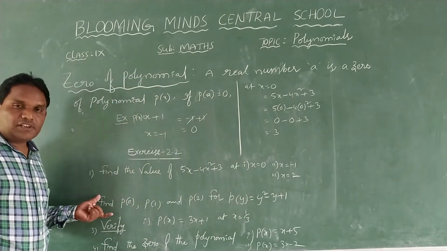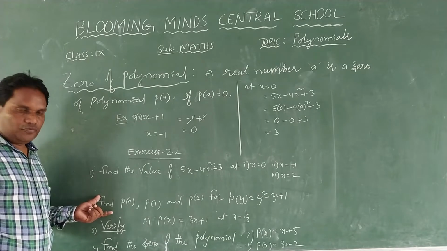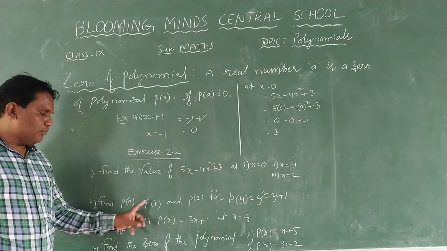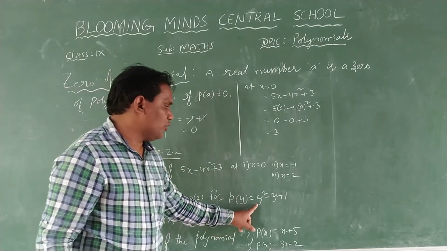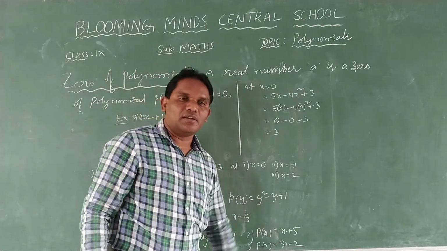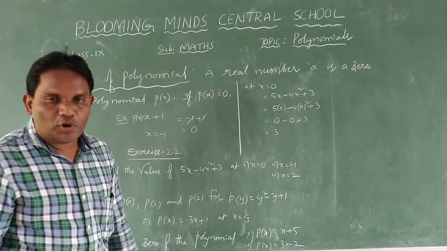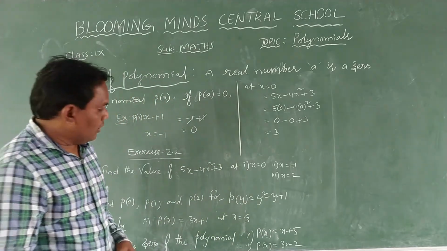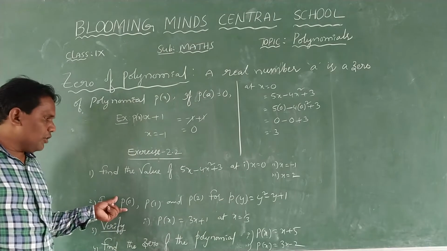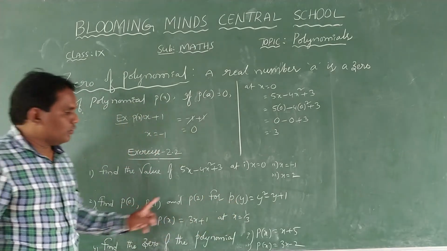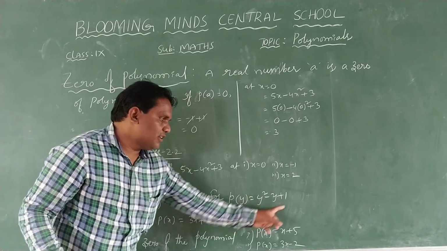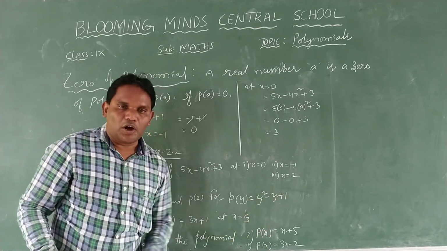Next question in exercise 2.1. Find p of 0, p of 1 and p of 2 for the polynomial p of y is equal to y square minus y plus 1. Some problems are like this. You have to find p of 0. P of 0 means instead of y, you take 0. Wherever y is in this polynomial, we apply 0.